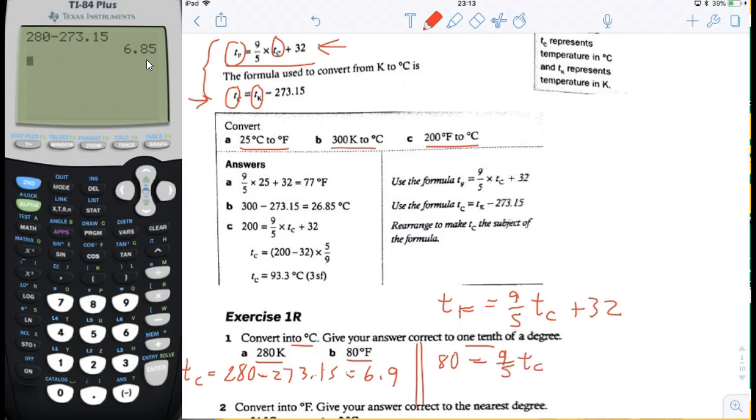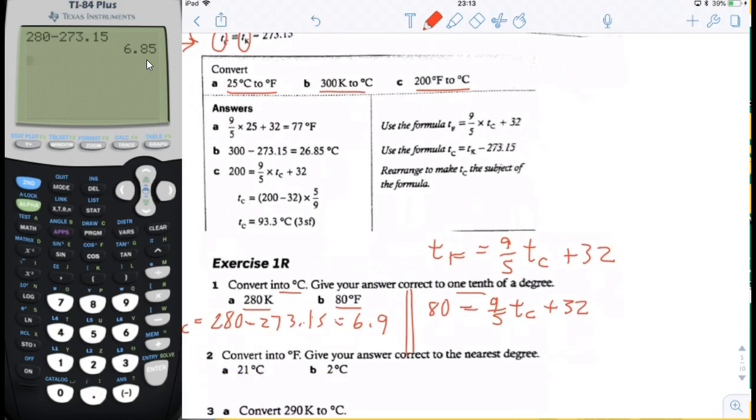We don't know what TC is yet, plus 32. Then we're going to do a little bit of algebra and subtract 32 from both sides. We get 48 on the left side, and we'll get 9/5 TC on the right side.